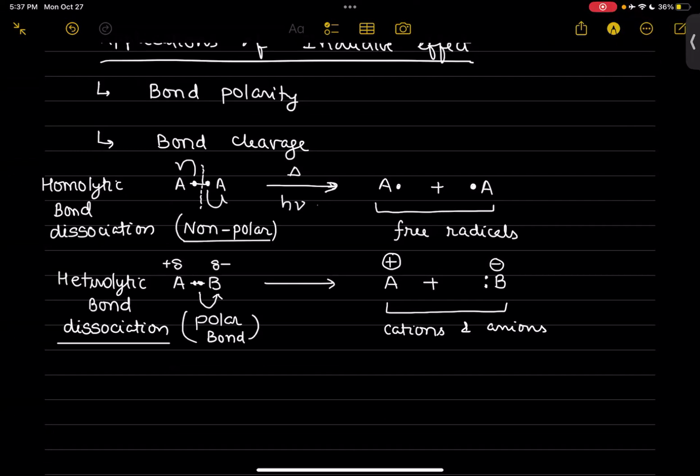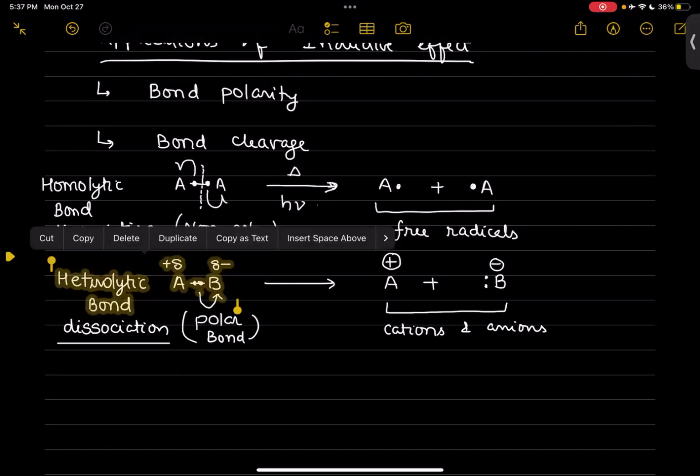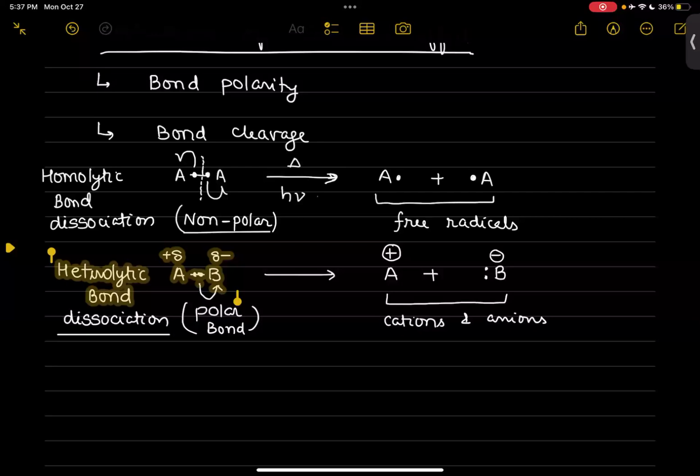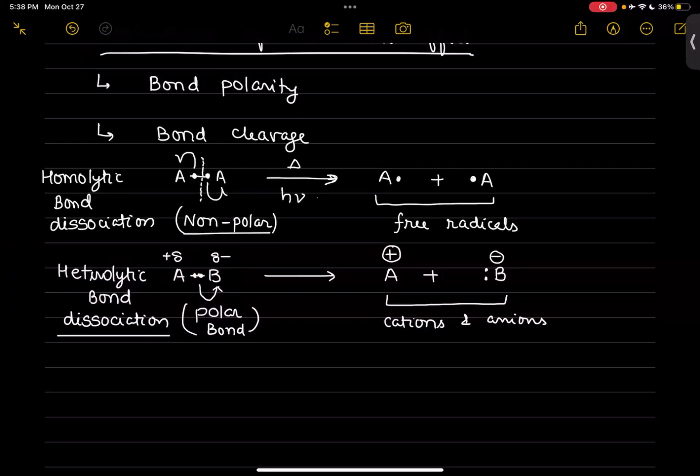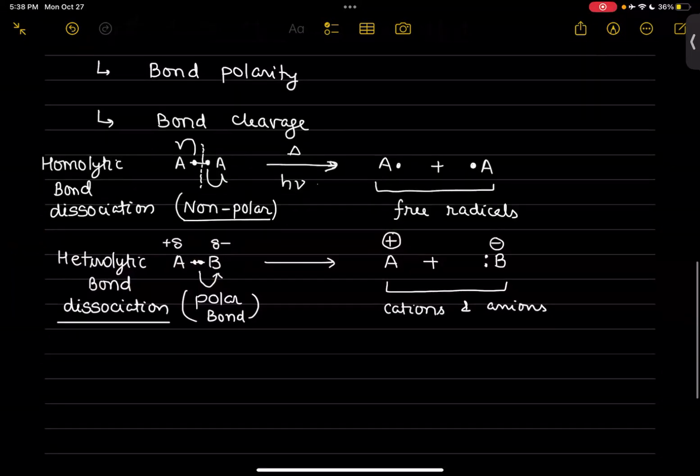How is a polar bond going to break and a non-polar bond going to break? Polar bond means one atom is trying to pull the electron, and when they break, that electronegative atom, which in this case is B, will take away both the electrons along with it. This is represented by an arrow starting from the bond and put towards the B. Got it?